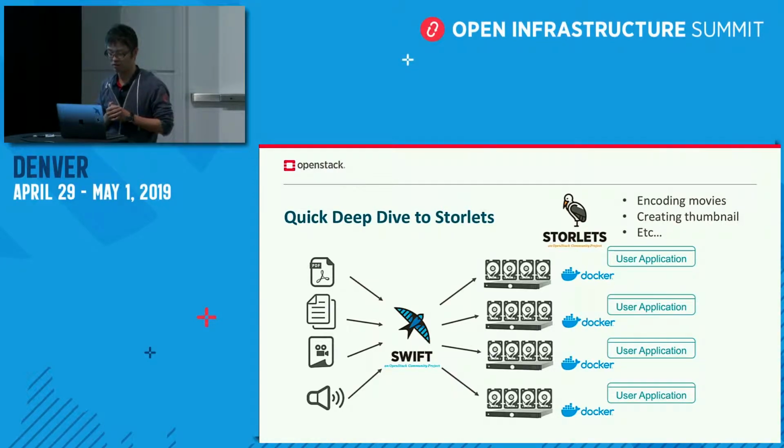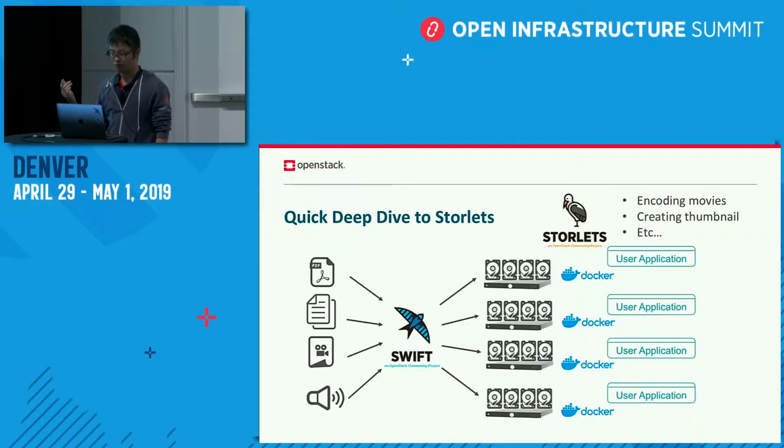Storlets follows the simplicity of the Swift object storage system. The Storlets API is an extension of the Swift API, so the user can invoke a Storlets application when calling a Swift API. The user application code is stored as a Swift object.